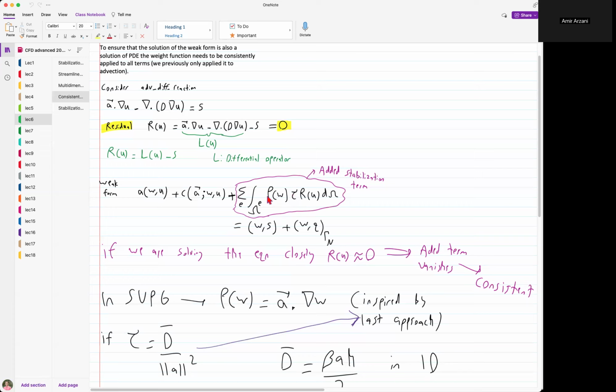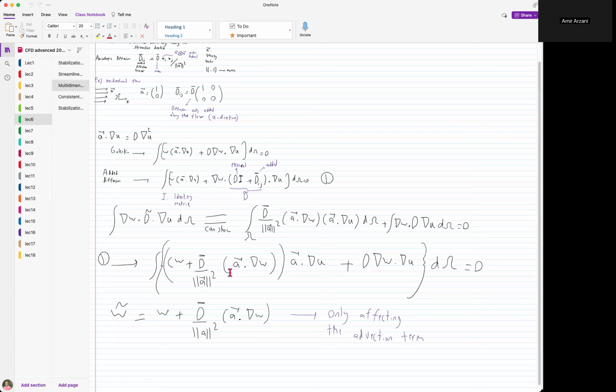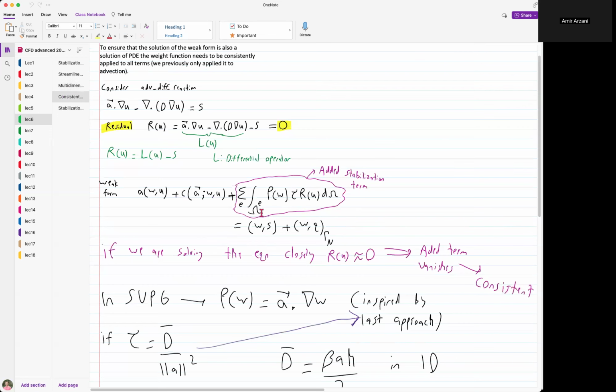And I have this P function, P as a function of W, my weight function, which is inspired by the SUPG method, inspired by what I derived in the last section. So if I go back, inspired by this derivation where this A dot grad W term pops up, I'm going to define this to also be A dot grad W. Okay.